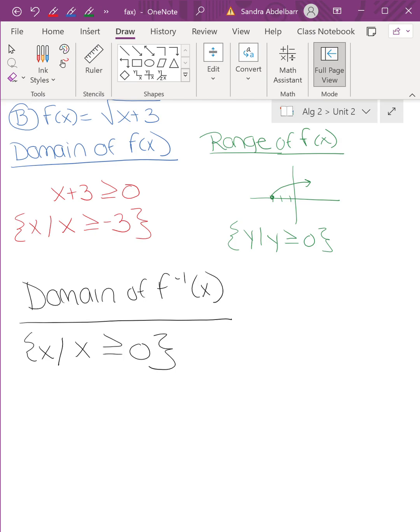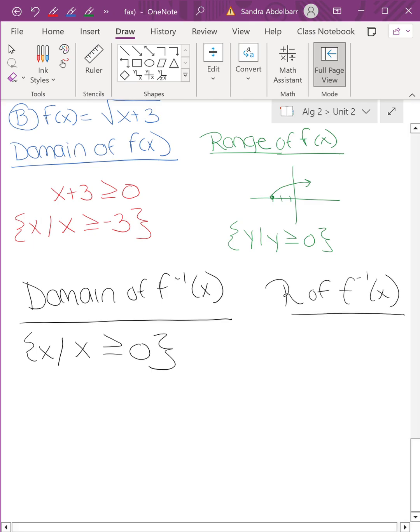And what about the range of the inverse? What's the range of the inverse? Aditya? Y is greater than or equal to -3. Okay, this is going to affect things.